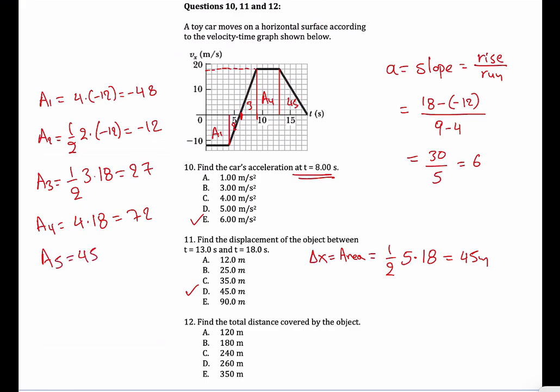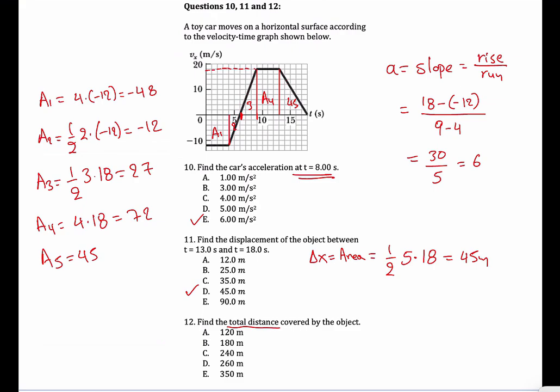And the fifth area we have already calculated, that it is 45. So if we add them all up, minus 48, minus 12, plus 27, plus 72, plus 45, the result is 84 meters. And I made a mistake, because the question is not about finding the displacement, the question is about finding the distance.